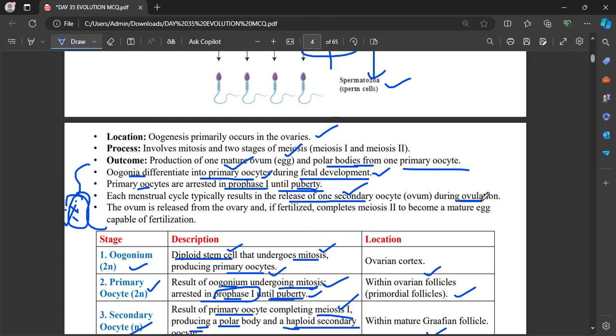At that point, one secondary oocyte is released. Now, if it is fertilized, the ovum released from the ovary completes the cell division, that is meiosis 2, to become a mature egg capable of fertilization. This is the process of oogenesis.